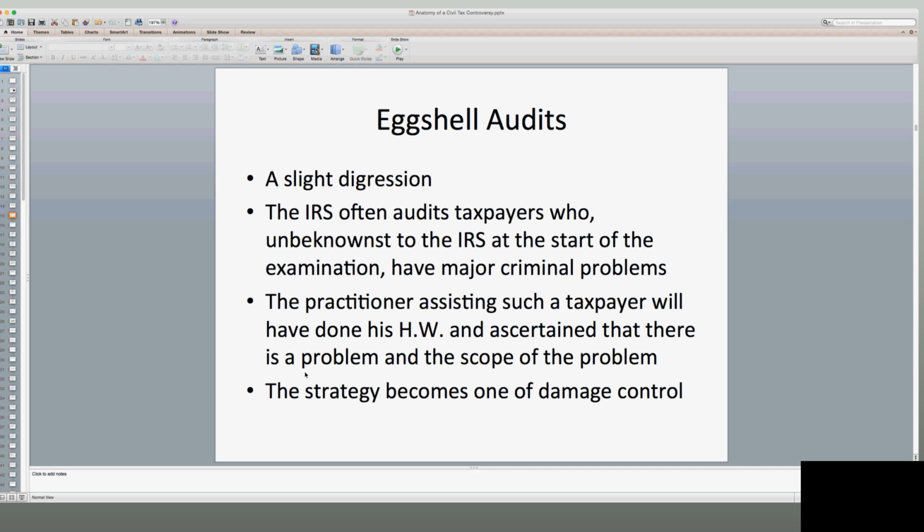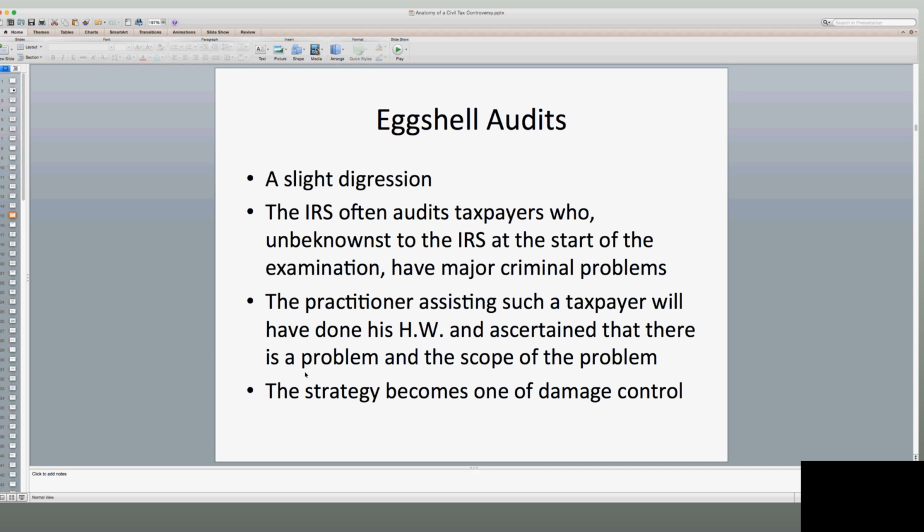Now, I want to make a slight digression here into eggshell audits. Basically, here's what I mean when I refer to eggshell. The IRS often audits taxpayers who, unbeknownst to them at the start of the examination, have major criminal problems.